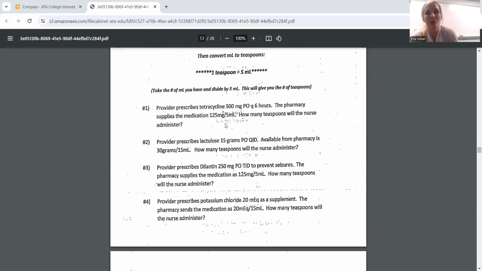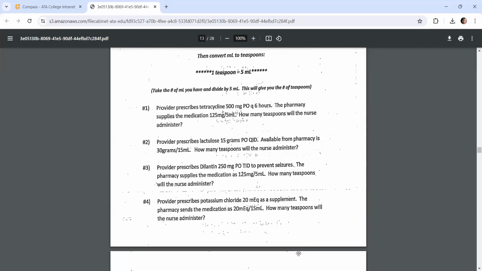So again, when you're looking at a D over H times Q formula, let's look for just a second. Let me make sure I have the right numbers. 500 milligrams by mouth, the supply is 125 milligrams per 5 milliliters.